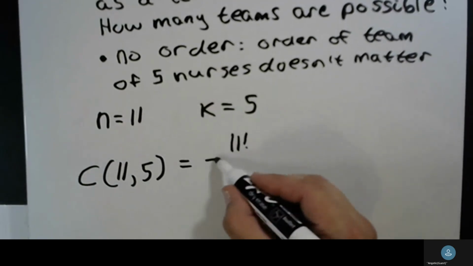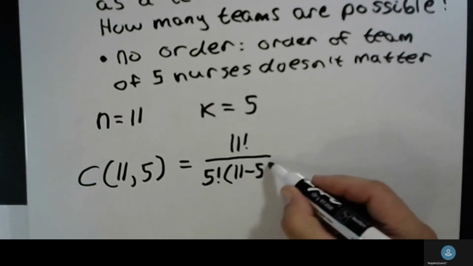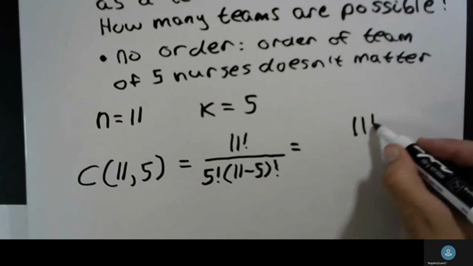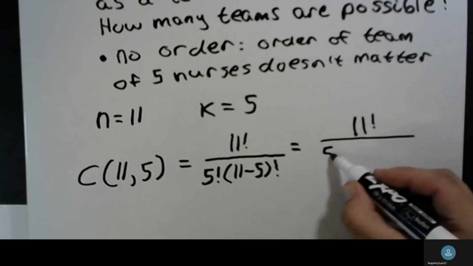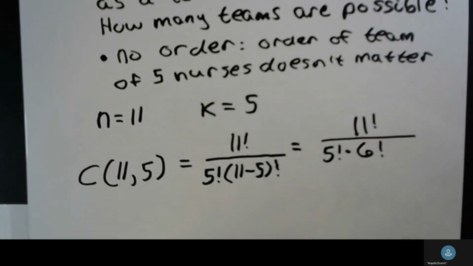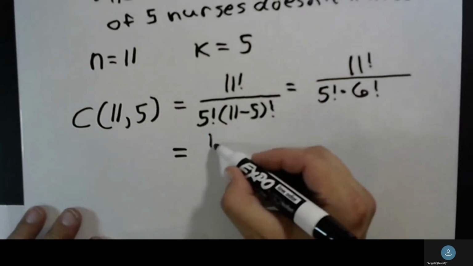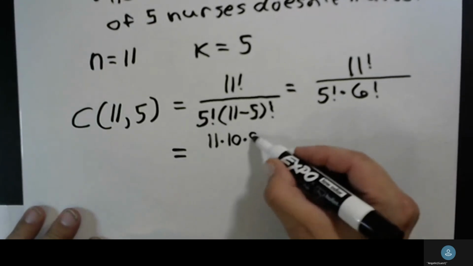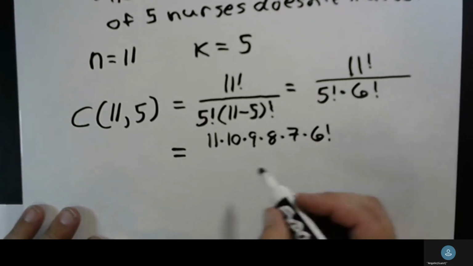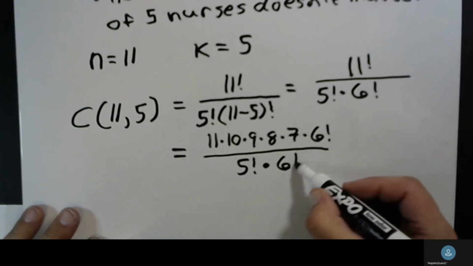So these are going to be combinations. We have 11 factorial over 5 factorial times 11 minus 5 factorial, which is 5 factorial times 6 factorial. And so we can write this as 11 times 10 times 9 times 8 times 7 times 6 factorial over 5 factorial times 6 factorial.